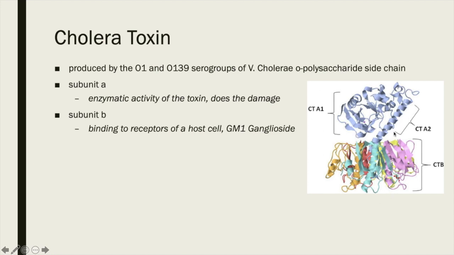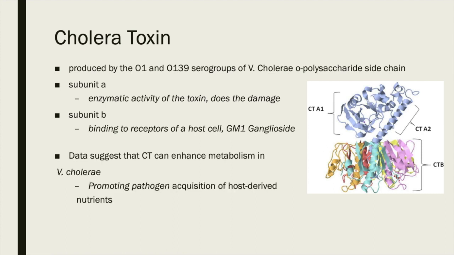There's subunit A and there's also subunit B. Subunit A is what is basically in charge of doing the damage, I guess. It is what does the enzymatic activity of the toxin. Subunit B is what is in charge of binding the receptors of the host cell. So it binds to GM1 ganglioside, and that is the main receptor for cholera toxin.